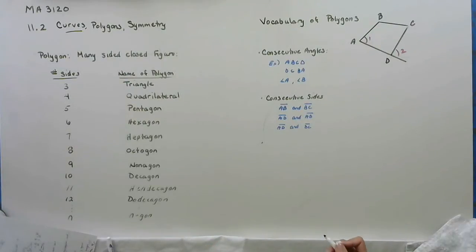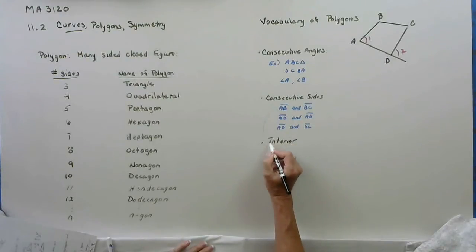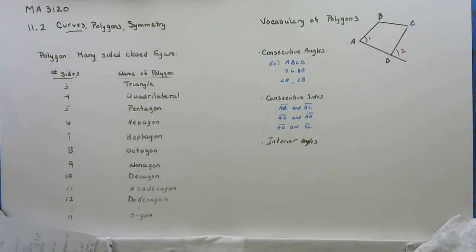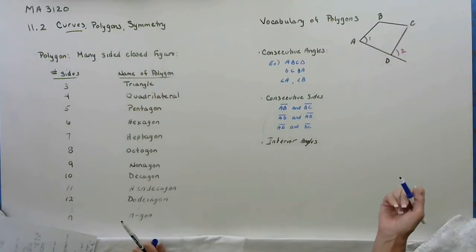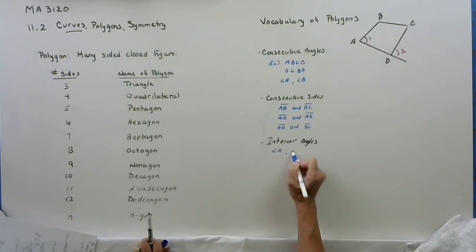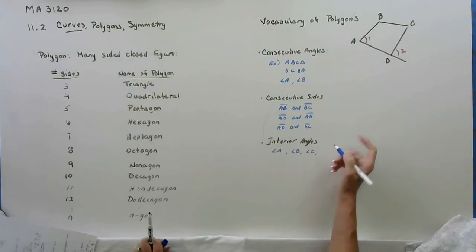And then let's talk about the angle placement. We have what are called interior angles. And we have exterior angles. So interior angles are angles that are on the inside of the figure. So examples of interior angles. Well, we could have angle A or B or C or D. Angle A, angle B, angle C. Now this one's kind of tricky because it looks like there's 2 different angles there.